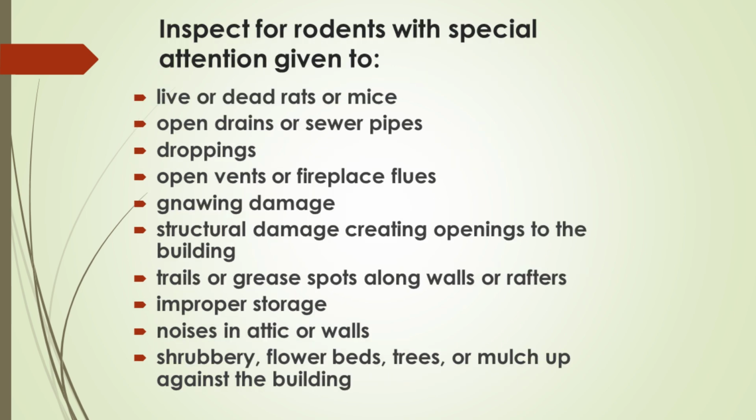Inspect for rodents with special attention given to live or dead rats or mice, open drains or sewer pipes, droppings, open vents or fireplace flues, gnawing damage, structural damage creating openings to the building, trails or grease spots along walls or rafters, improper storage, noises in attics or walls, shrubbery, flower beds, trees, or mulch up against the building.